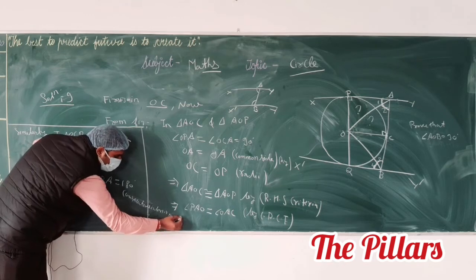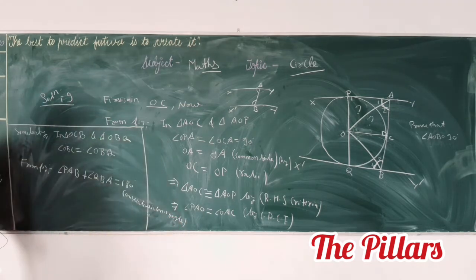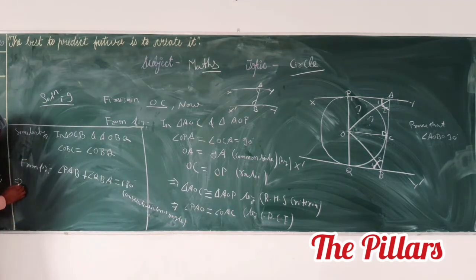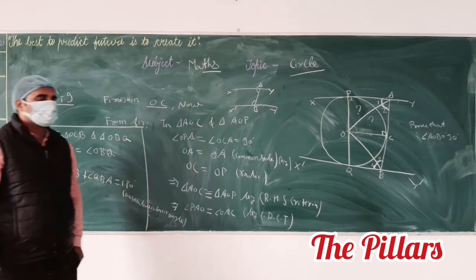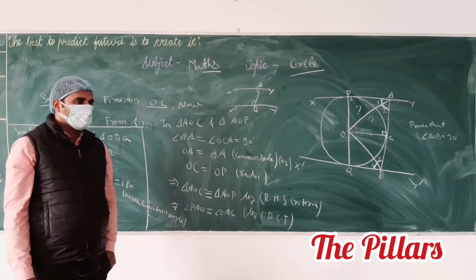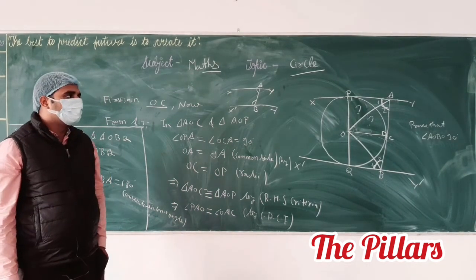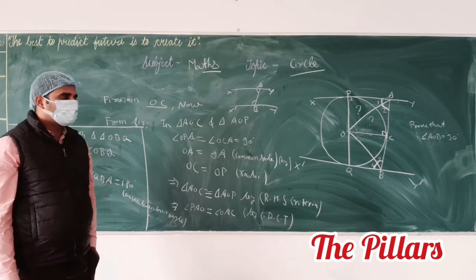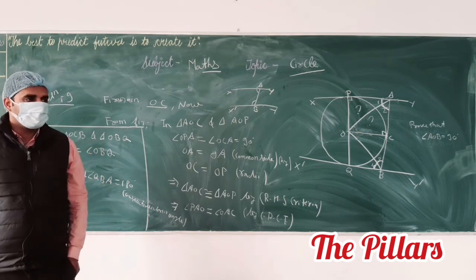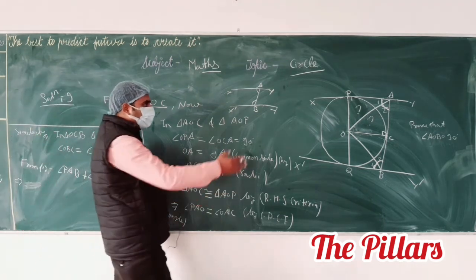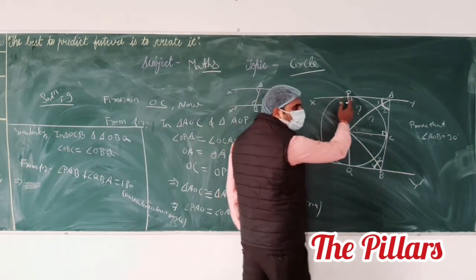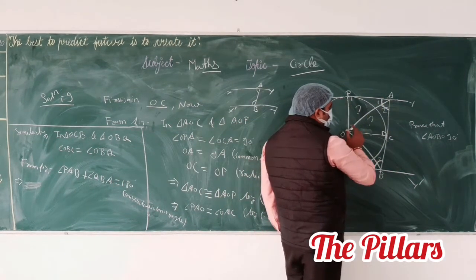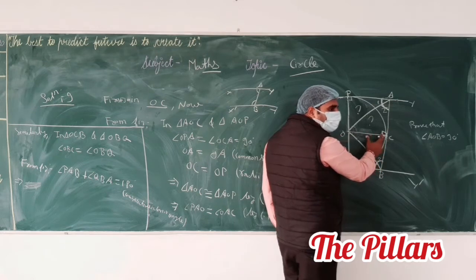Till here anyone have any problem? No, sir. Achha. This implies that angle PAB equals what? PAO? No, not 90 degrees. How 90 degrees? These two are not equal. First you have to prove that these two are equal. Angle PAB is divided in two parts, PAO plus angle AOC.